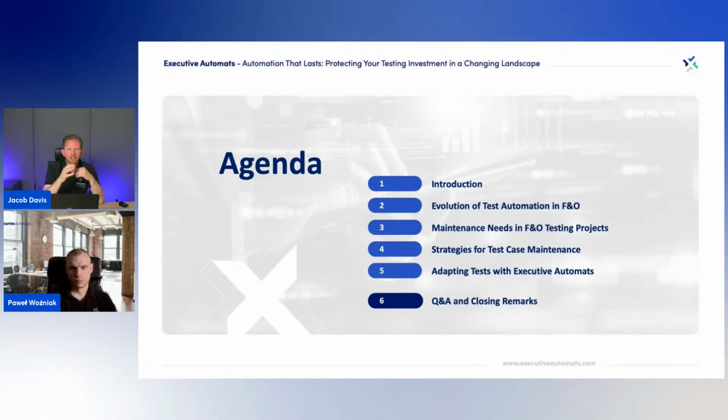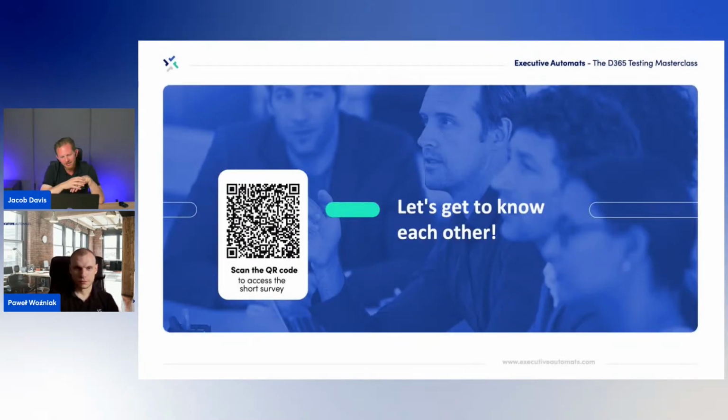And of course, strategies for test case maintenance, and then adapting test cases with Executive Automats, the application that we use. And we'll save some time at the end for Q&A and closing remarks. So let's hop into it.